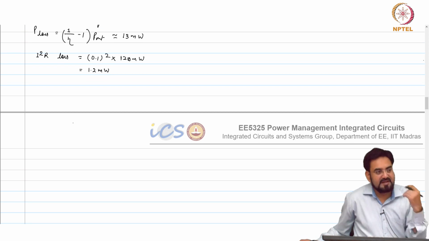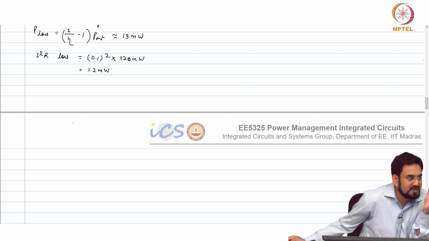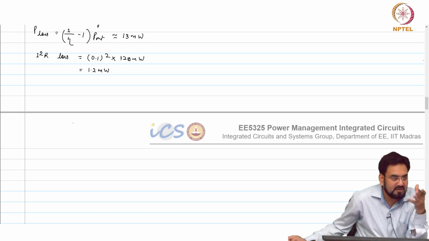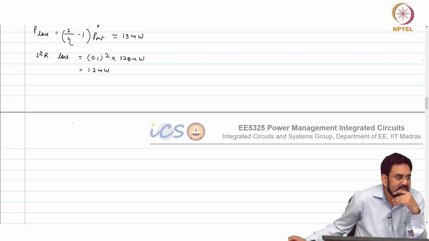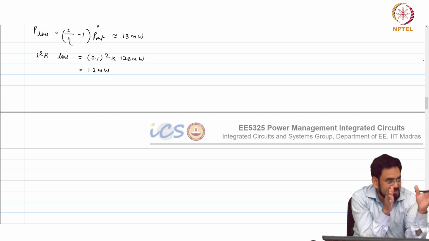Now if you go to 1 milliamp, further reduce the load current, then it will start having problems. But usually at a load current of 1 milliamp or 10 milliamp, you will enter PFM mode actually. So you will start reducing the switching frequency.